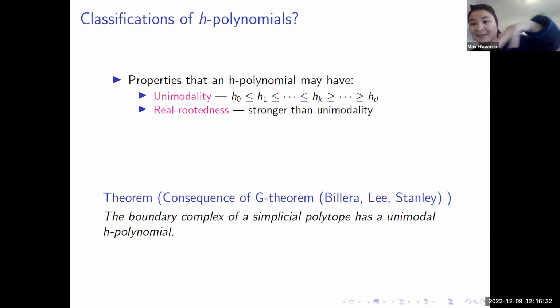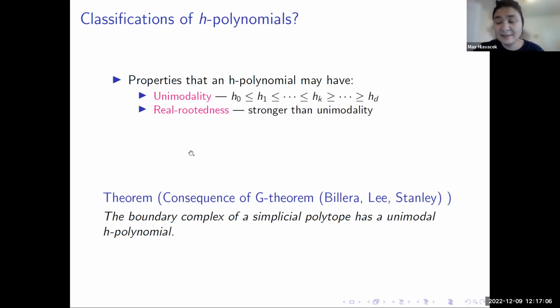So once you go down, they can't come back up. And then the stronger property that implies unimodality is real-rootedness. As the name suggests, this just means that the polynomial has real roots. A lot of times people ask, is this polynomial unimodal? I don't know how to prove that. Maybe I can prove that it has a stronger property, because there are a lot of techniques for proving that polynomials have real roots.